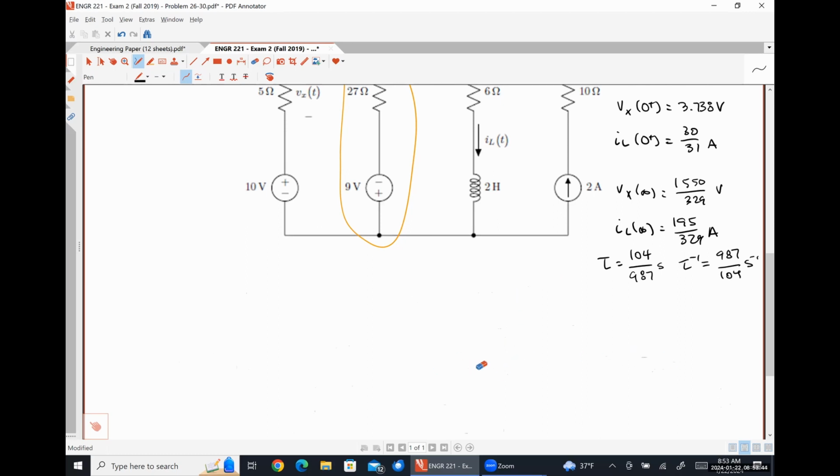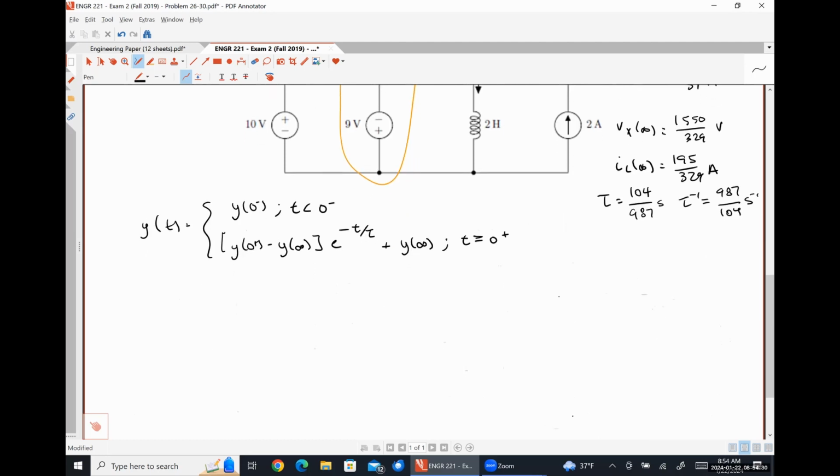So our generic equation is y at 0 minus for t less than 0 minus, y at 0 plus minus y at infinity, e to the minus t over tau, plus y at infinity for t greater than or equal to 0 plus. So effectively, the inverse of tau is the coefficient that's multiplied by time in our exponential function, right? Because t divided by tau is the exact same thing as t multiplied by the reciprocal of tau.